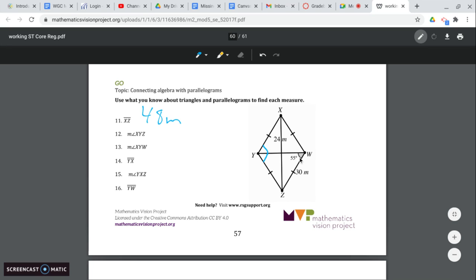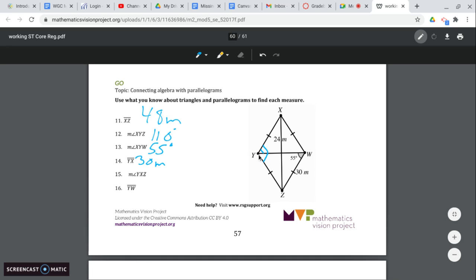So 55 plus 55 is 110 degrees. Now the measure of XYW, so just this smaller portion of the angle, just this part up here above the line, that's going to be 55 degrees, since they have to be the same. Now, YX is this side here. We know all the sides with the tick mark are going to be the same, so it is 30 meters.